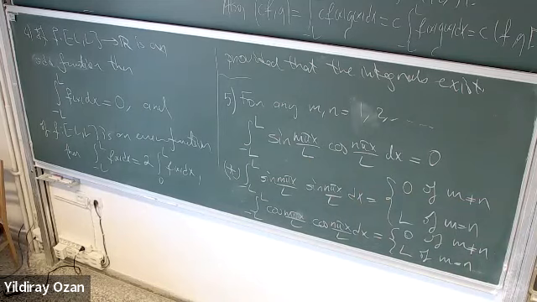Kosinüs x, sinüs pi x over L, cosine pi x over L, sin pi x over L, cosine 2 pi x over L, sin 2 pi x over L, cosine 3 pi x over L, sine 3 pi x over L, and it goes till infinity. Okay, so this is an orthogonal set.